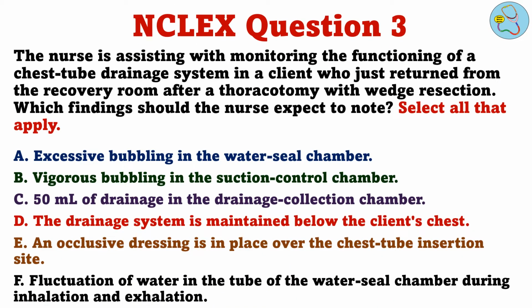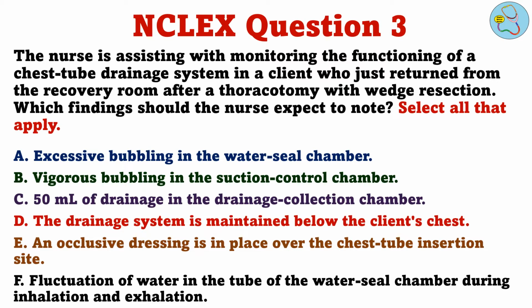Question 3. The nurse is assisting with monitoring the functioning of a chest tube drainage system in a client who just returned from the recovery room after a thoracotomy with wedge resection. Which findings should the nurse expect to note? Select all that apply. A. Excessive bubbling in the water seal chamber.